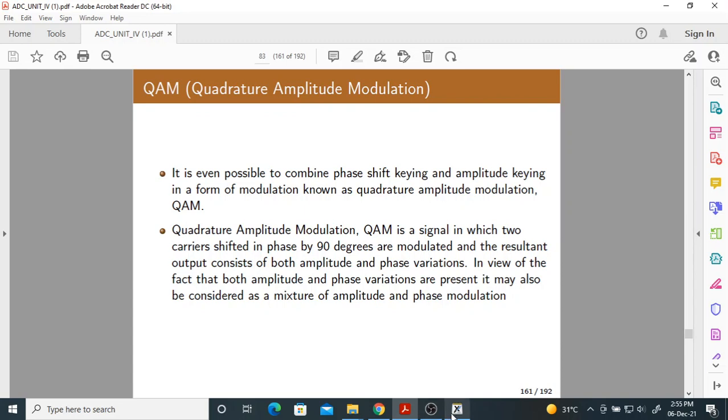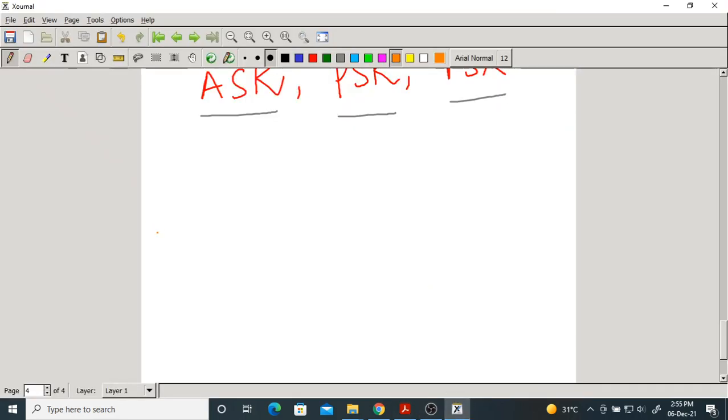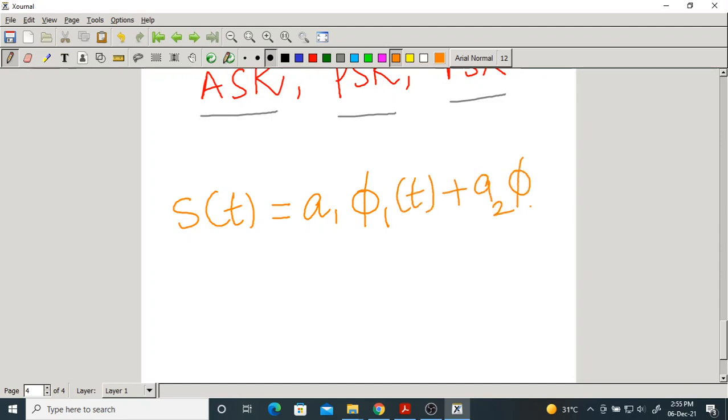Suppose S of t is a QAM modulated signal. Now it is something like this: A1 phi1 of t plus A2 phi2 of t. This is the general equation for the QAM signal.